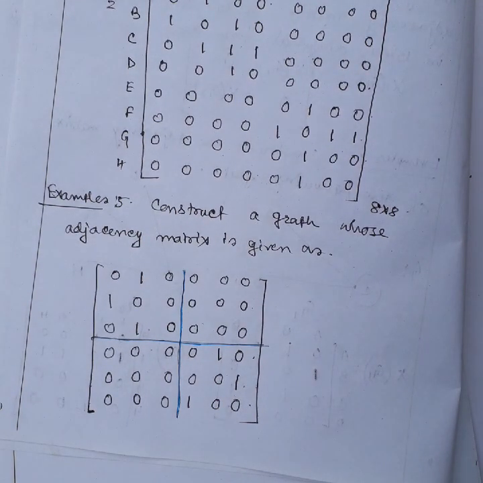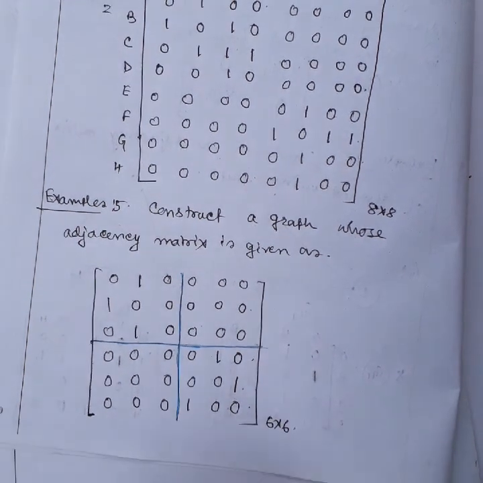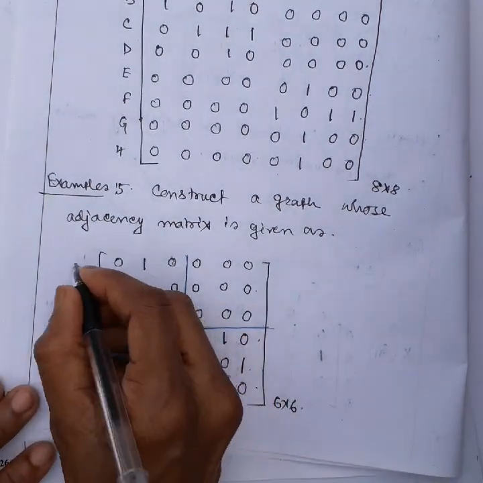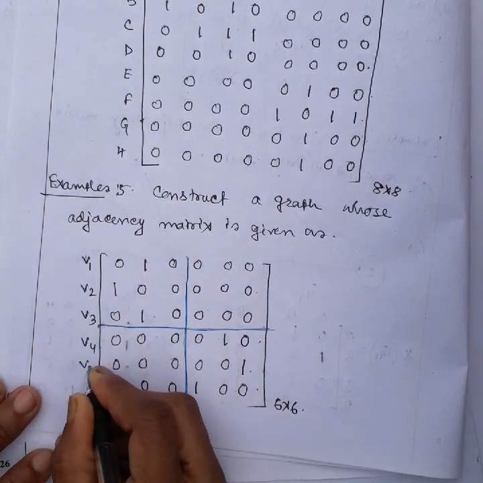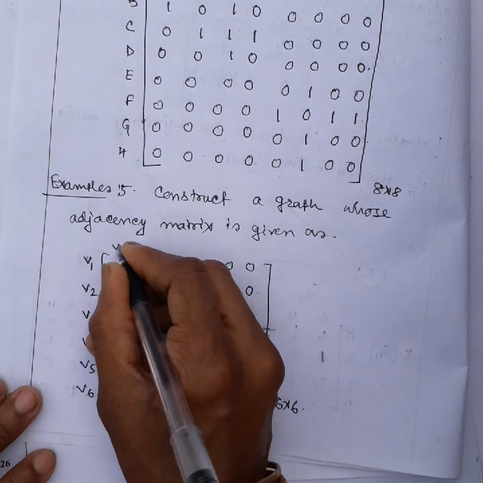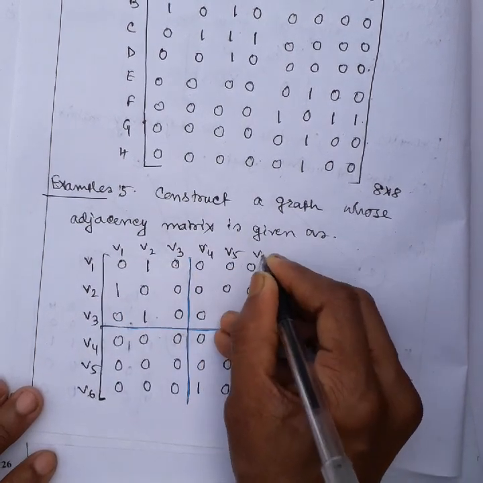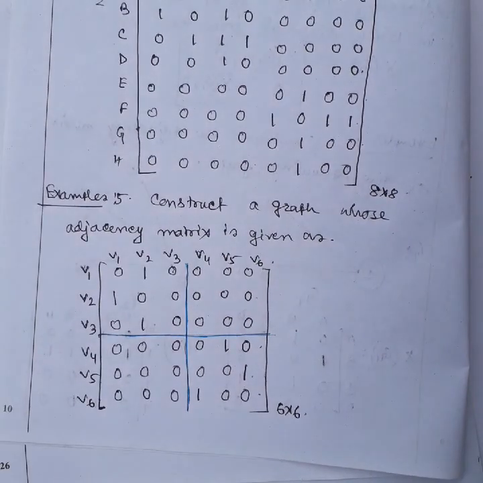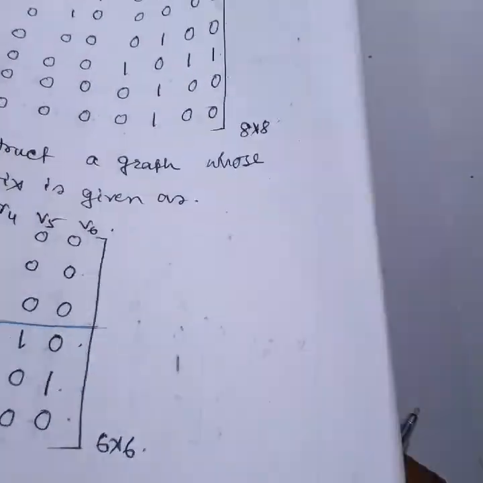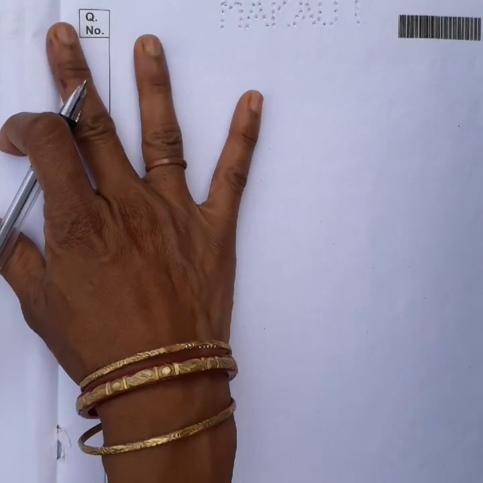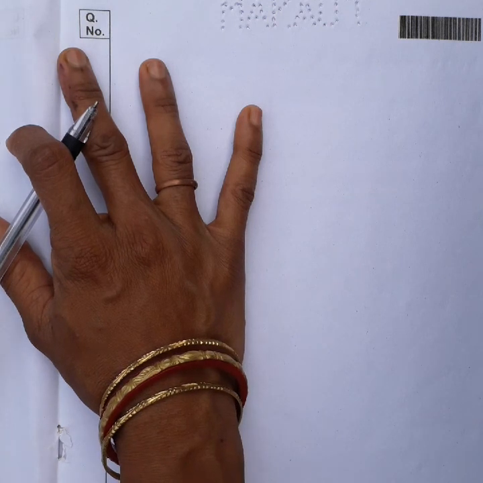And it is a 6 by 6 matrix, so it has 6 vertices, say v1, v2, v3, v4, v5 and v6. As it is a block diagonal, that means it is disconnected.